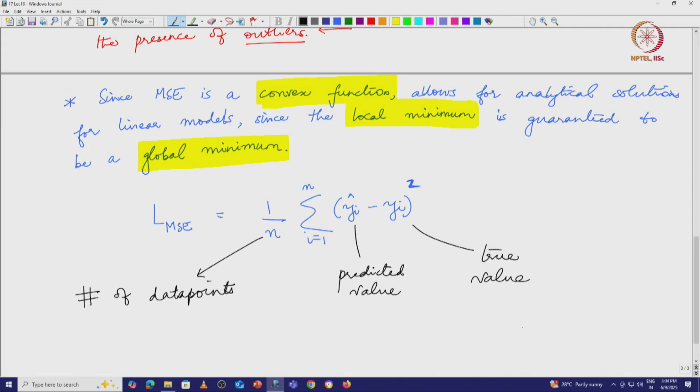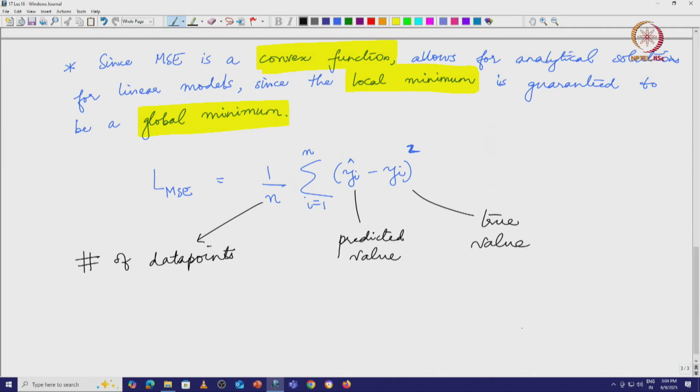And like I had mentioned a few lectures ago, you can define the root mean squared error, RMSE, as the square root of the MSE. Okay.